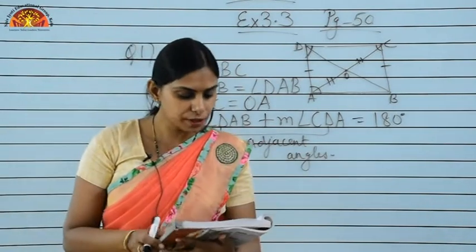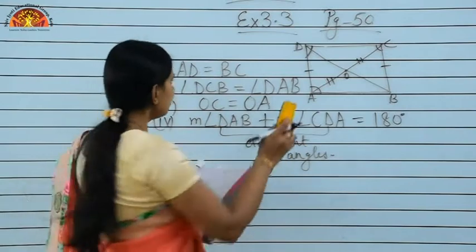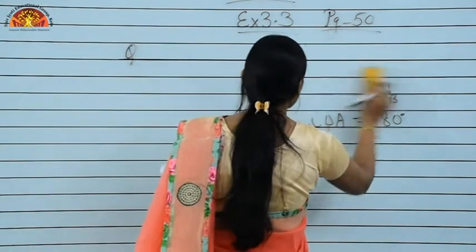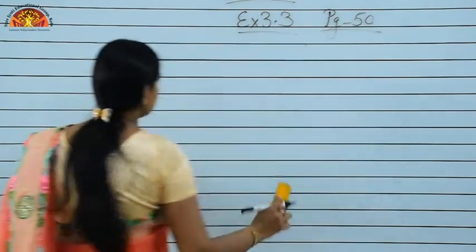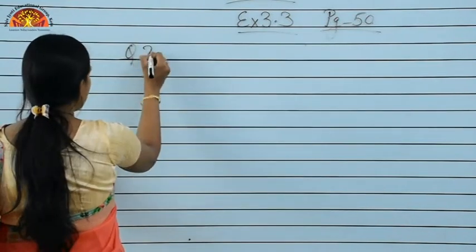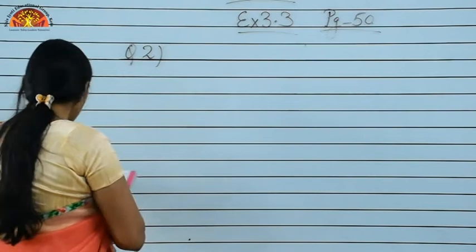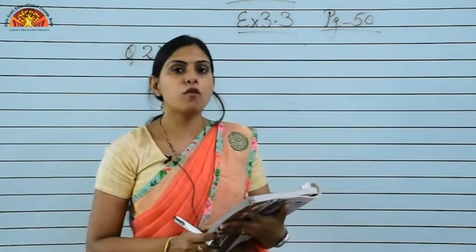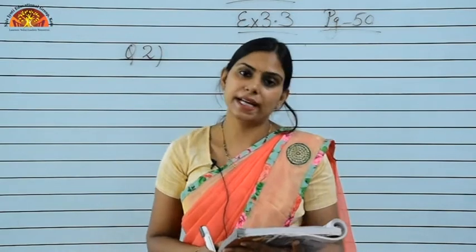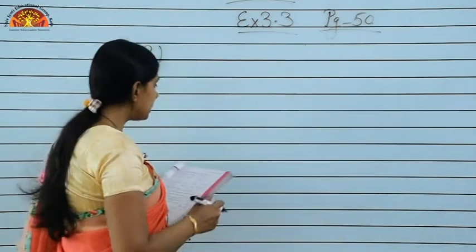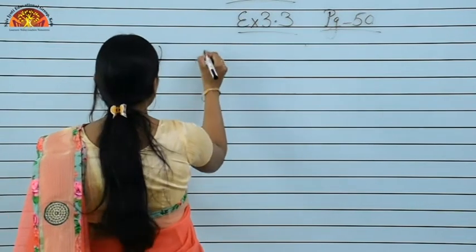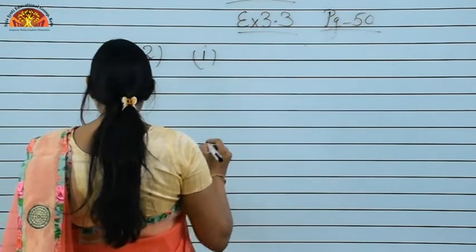That is question number 2. Just go through the question. Exercise 3.3, question number 2. Consider the following parallelogram and find the values of the unknowns x, y and z. So some values have been given to you and some values are unknown that you are being told to find out. First we will solve the first part.